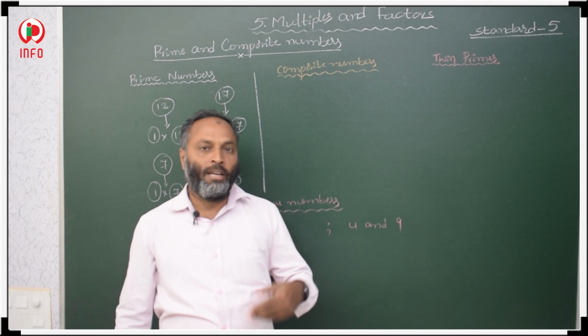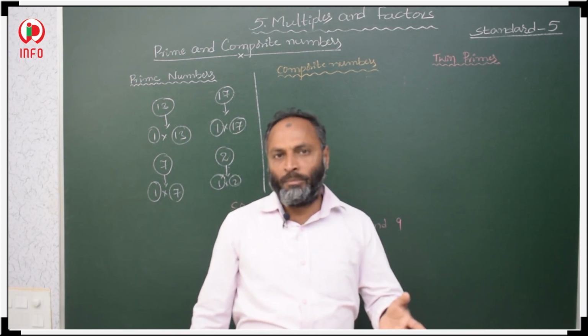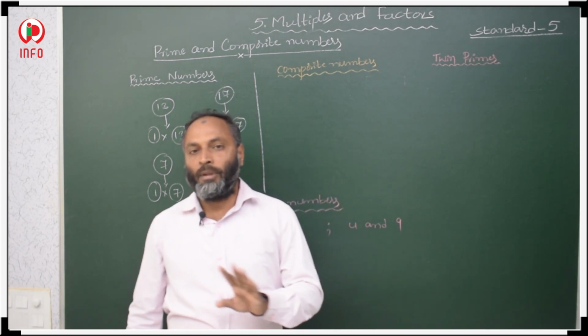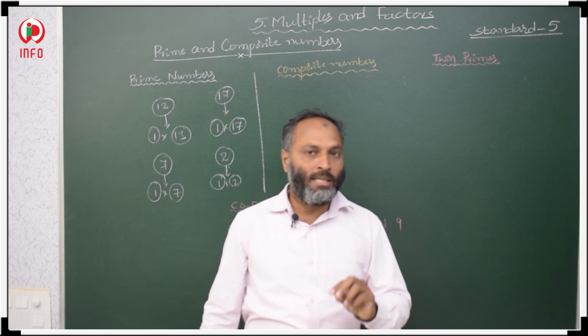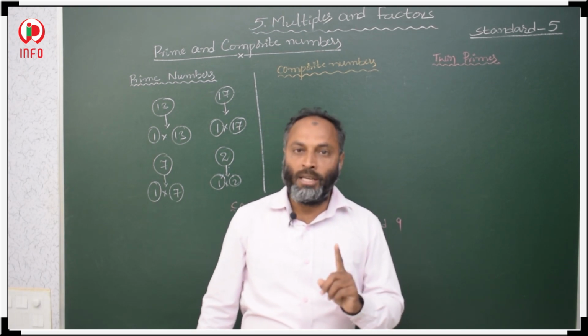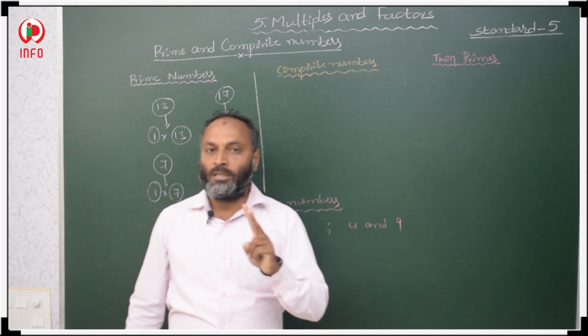Other even numbers like 4, 6, 8, 10, 12 are not prime numbers. Only 2 is a number which is even as well as prime, but 1 is neither prime nor composite. These 2 points you have to remember.